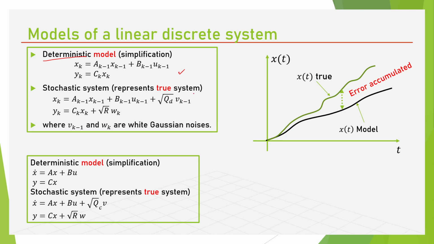But if we want to simulate the system to account for uncertainty and noise, then we call the system stochastic. We add the noise term like this. This is for the state equation, and this is for the output equation, where the output means something that we can measure.